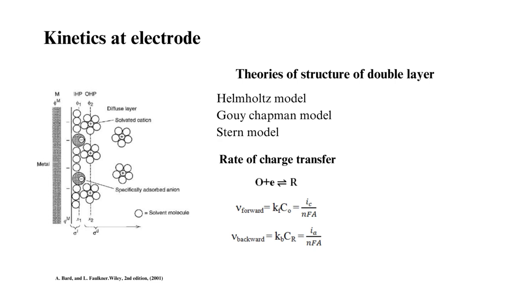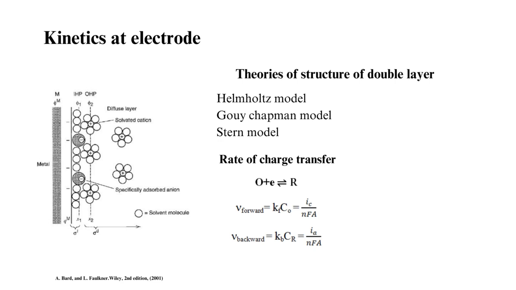The kinetics at the electrode is explained through three basic models, that is the Helmholtz model, the Gouy-Chapman model, and the Stern model, which is a combination of the Helmholtz model and the Gouy-Chapman model.